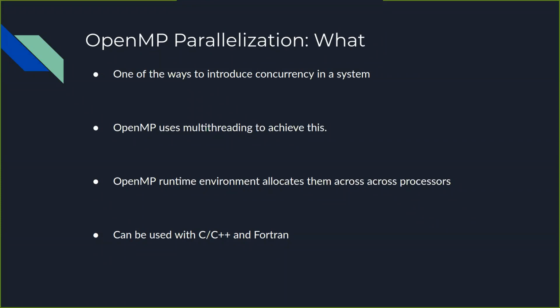OpenMP will distribute a task among threads and allocate those threads on different processors based on the decisions made by the OpenMP runtime. OpenMP libraries can be used with C, C++, and Fortran.